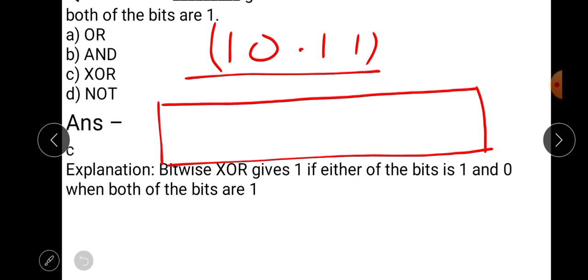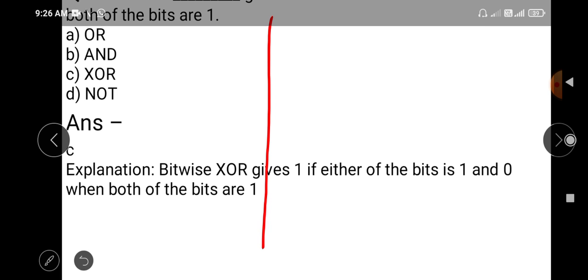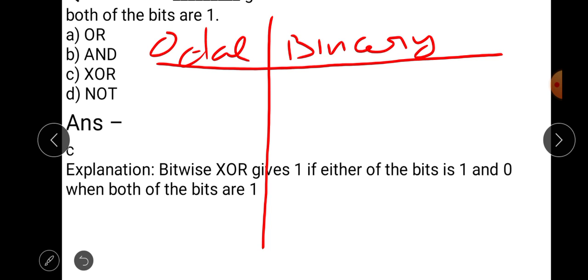Now, to convert the binary number system into octal, or octal into binary, we should remember a table. There is a table, so no method is used, directly a table is used. First of all octal numbers are given, and then write their binary equivalents.